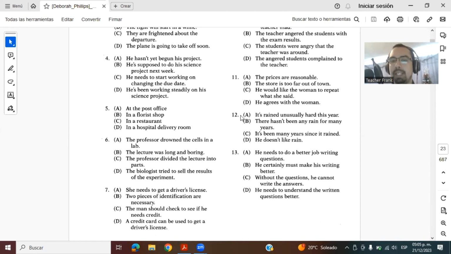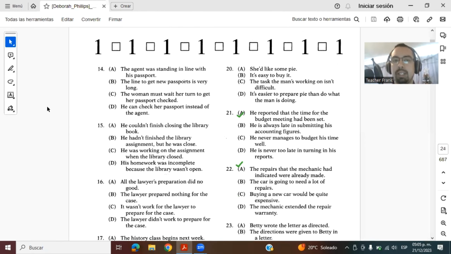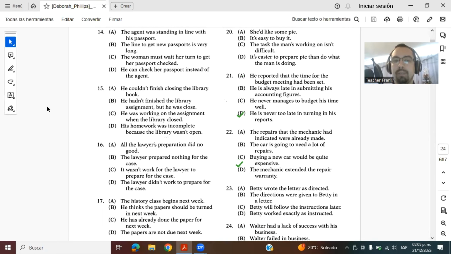Number 12 is A, and number 13 is B. Okay, so now let us continue to the next page. Number 14. Number 14 is C. Number 15 is D. Number 16 is A. And number 17 is B.